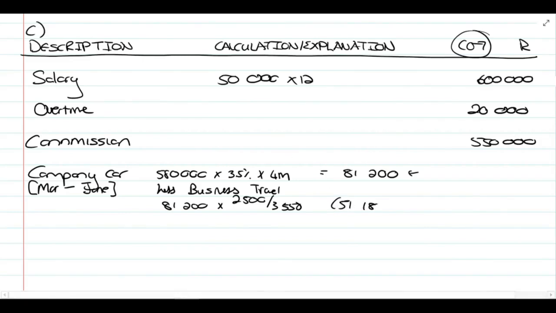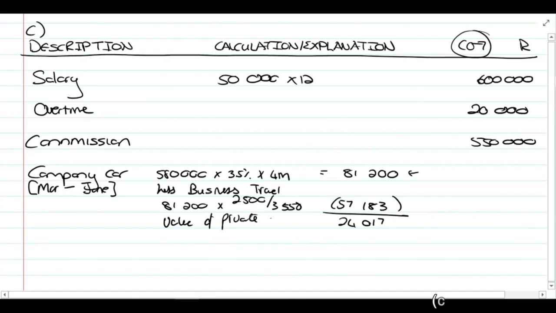So if we deduct that from the 81,200, sorry, I'm writing like an idiot, yeah? Okay, just the difference there. That gives us the private travel value, basically. And remember that now, because this is where students make a lot of mistakes when it comes to deducting the costs.